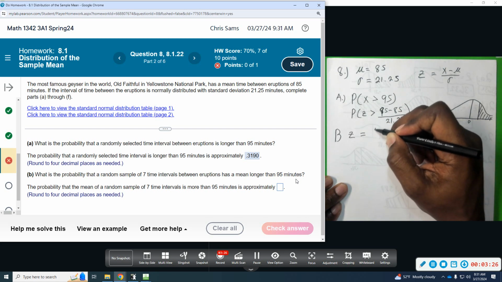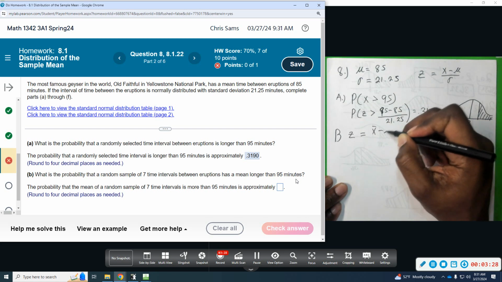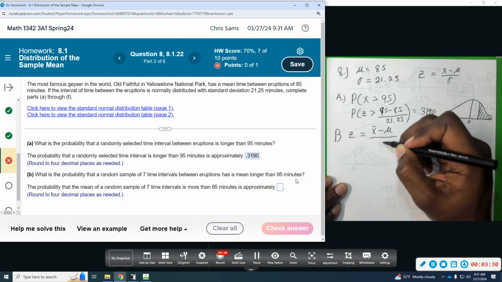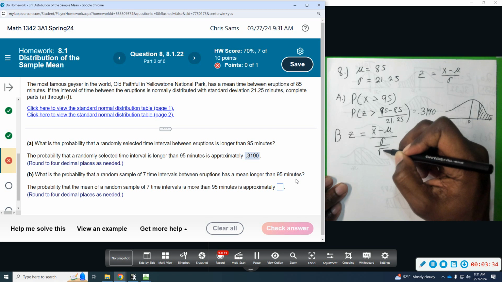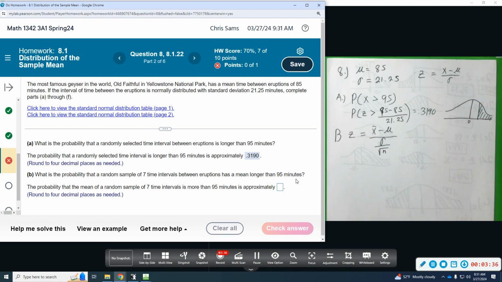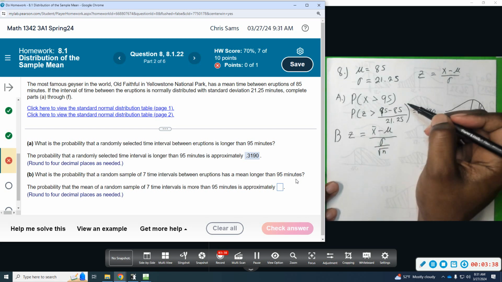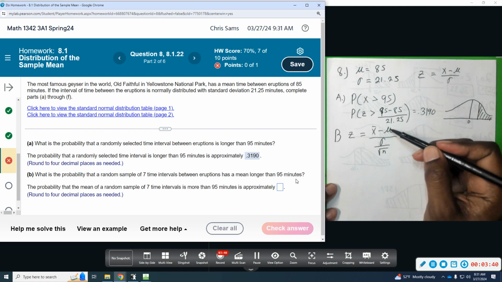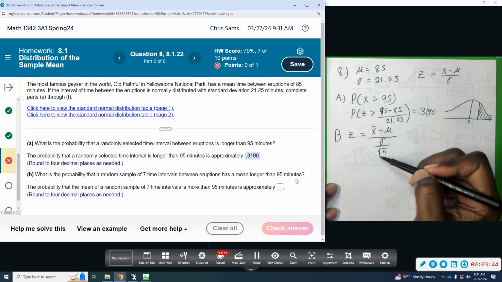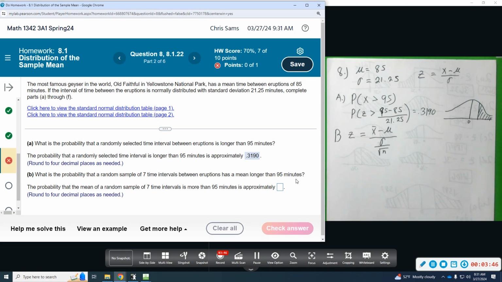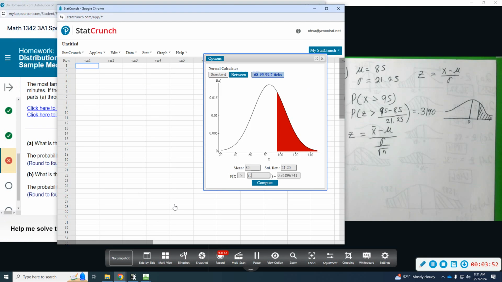So the difference here is the standard deviation changes to sigma divided by the square root of n. So we're still doing greater than 95. I would just do this same calculation, except the 21.25 will be divided by the square root of 7 in this case. But again, I'm going to use StatCrunch to speed up this process for us.